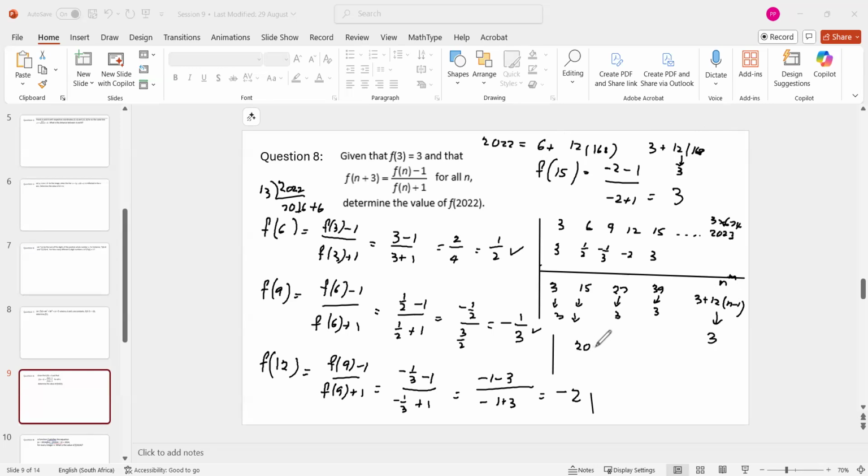So we've got 2019, that is 3 plus 12 into 168, and that goes into 3. So the next one, 2022, will have to go into a half. The sequence is 3, half. So the answer is a half.